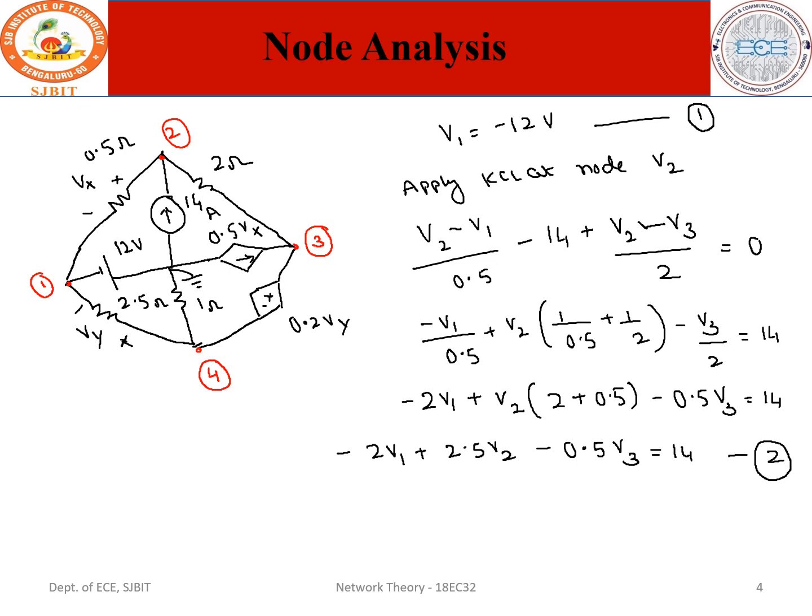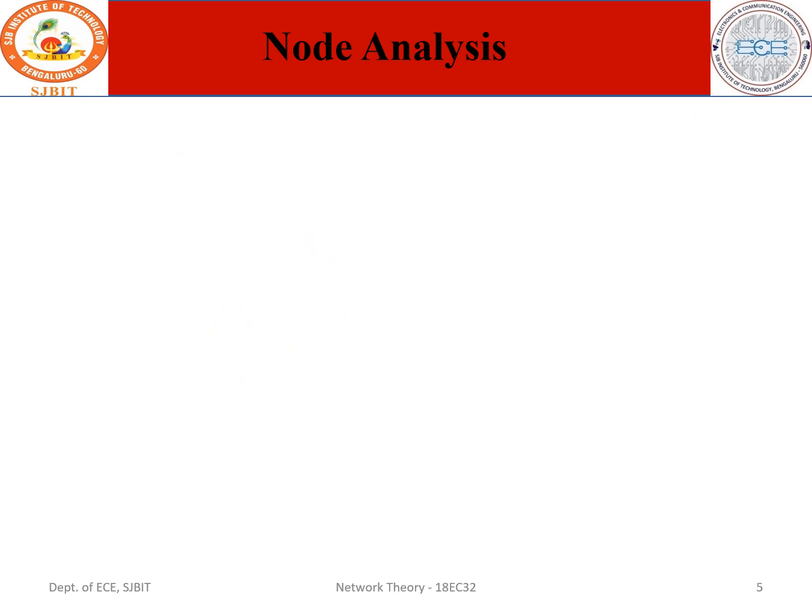And in this case here, the voltage source exists between node 3 and node 4, and therefore this becomes a super node. Now apply the KCL at the 3-4 super node.